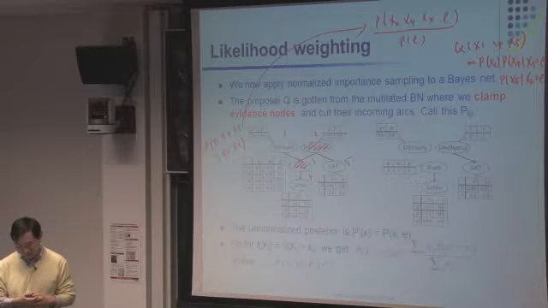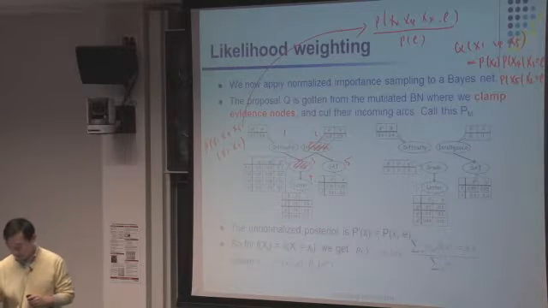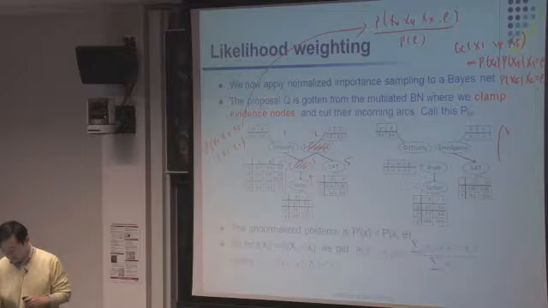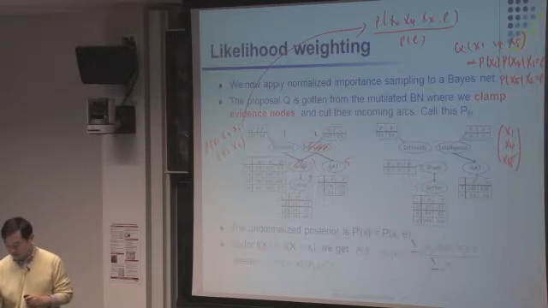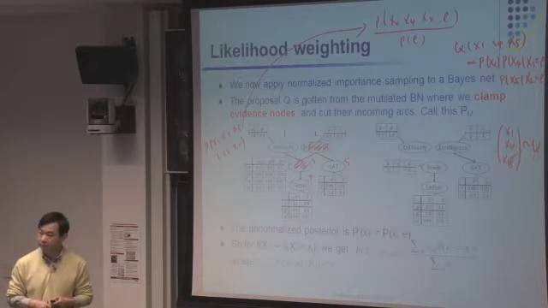Anyone want to give it a try? What do we sample, first of all? We need to first understand what I'm trying to do. We're trying to sample a triplet of x1, x4, and x5 from this Q, and the Q is defined now in this way. How do we sample?